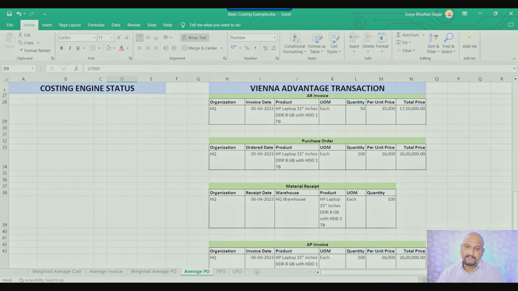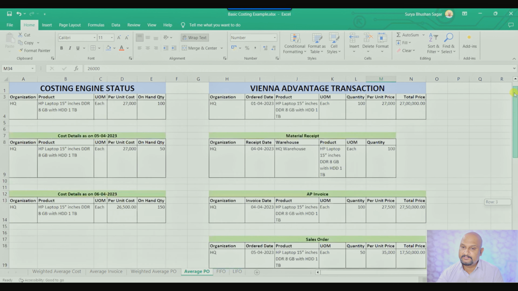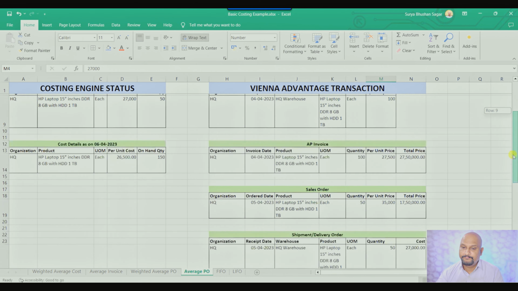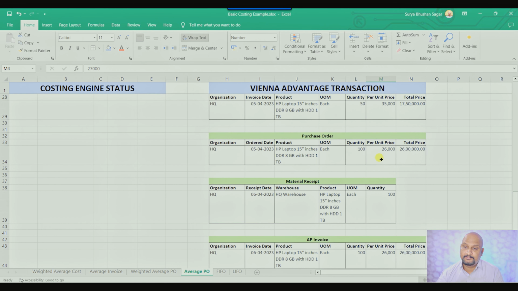Then I have generated another purchase order on 5th of April, demanding 100 quantities at 26,000 per unit. The previous one was 27,000. Now I'm placing a new purchase order at 26,000 since my vendor says the price of the same product has been reduced.